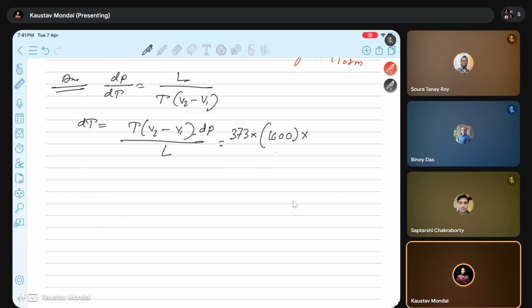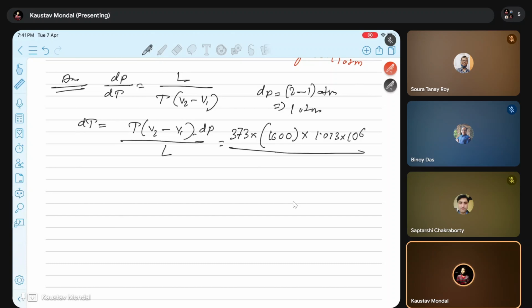The pressure is 1 atm, which we have to convert into Pascal, 1.013. dP is 2 minus 1 atm, since it increased from 1 atm to 2 atm, so it would be 1 atm, that is 1.013 into 10 to the power 5 Pascal.